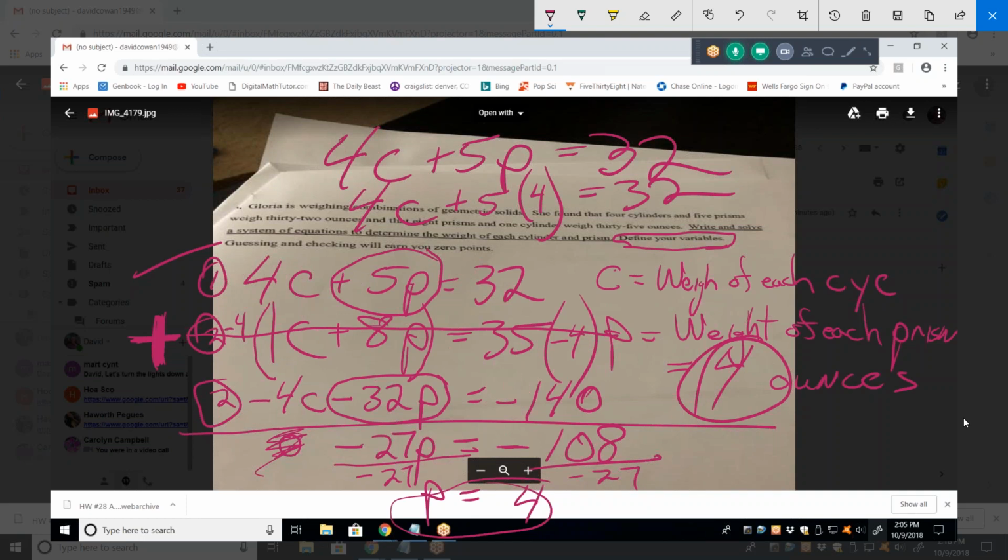That means 4c equals 12 and c equals 3. So there you go. The cylinders weigh 3 ounces each. The prisms weigh 4 ounces each.